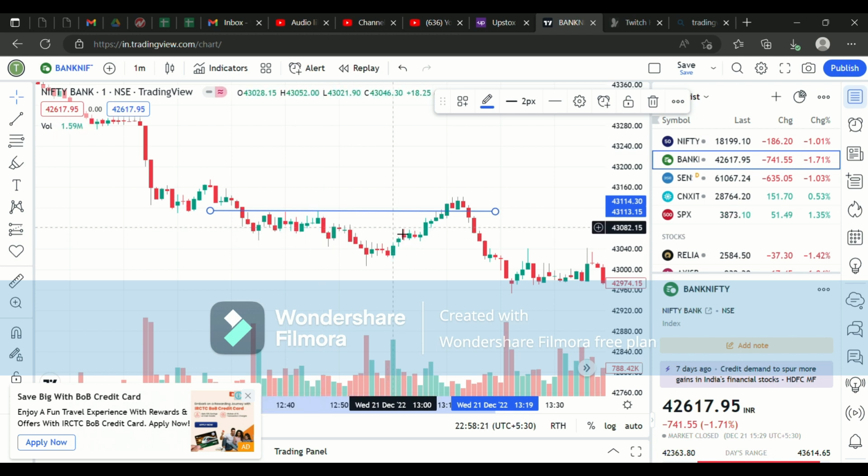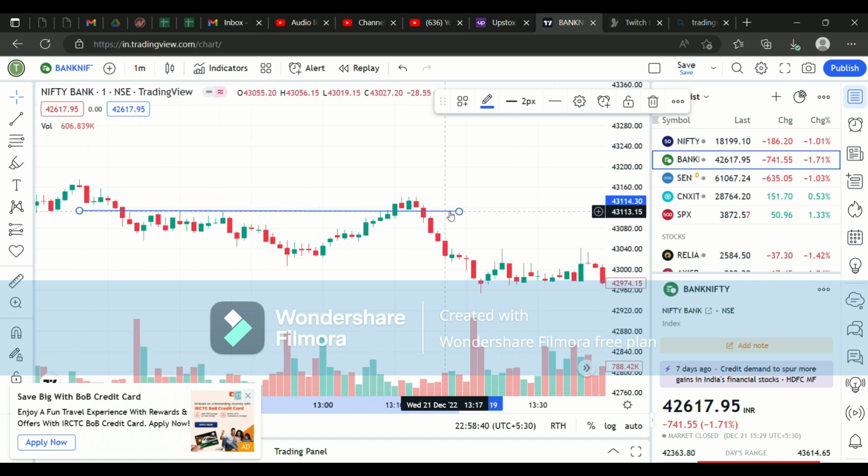So I thought that it would be a great scalping technique if I would short here, but I observed during market hours that this trend line was broken by this green candle.